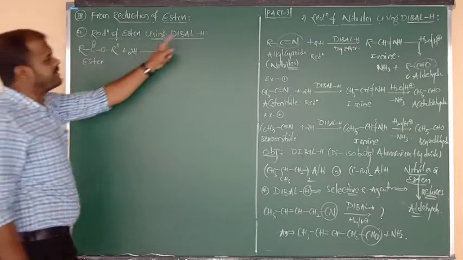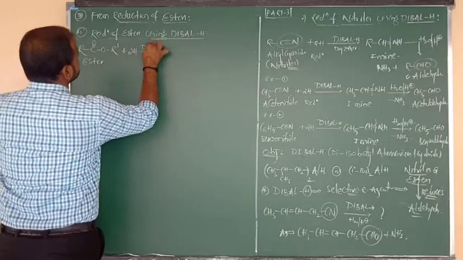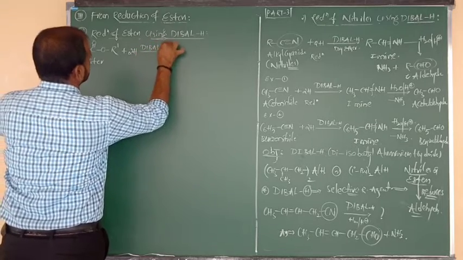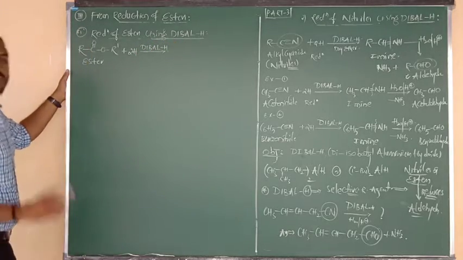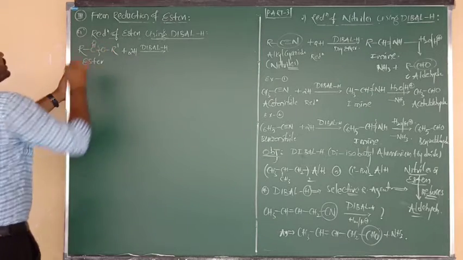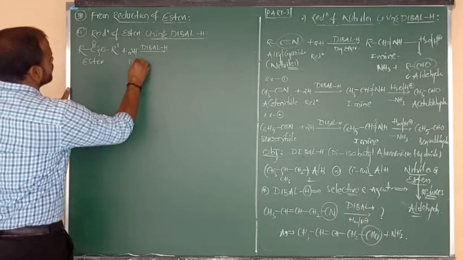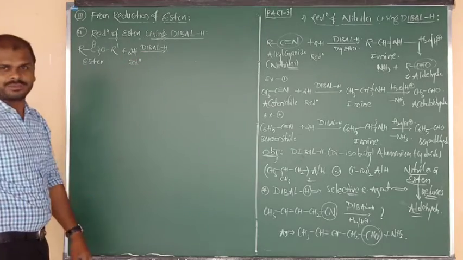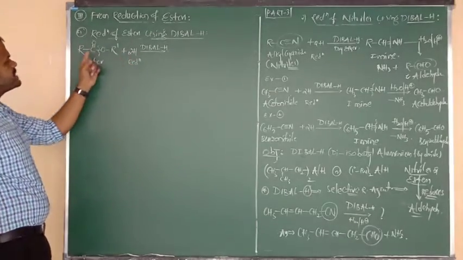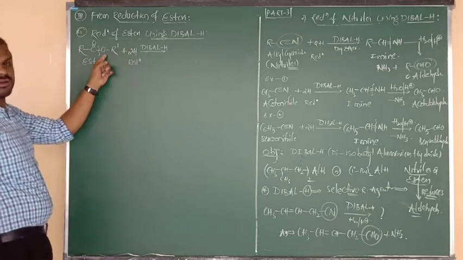Esters upon reduction with DIBAL-H, bond breaking takes place between carbon and oxygen. One hydrogen is given to the first part, one more hydrogen is given to the second part.